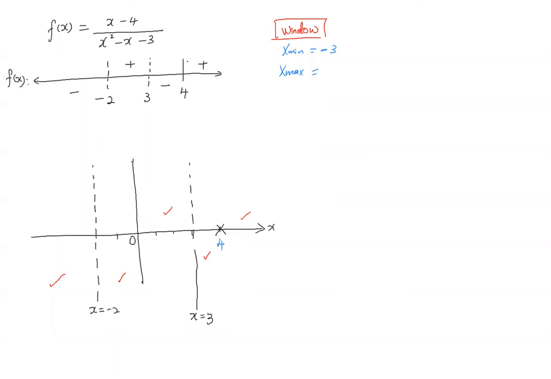If 2, I only can see until here. Then I cannot see my other vertical asymptote. So what is your x maximum you want to put? -5. -5 is here, young lady. How can your maximum be lower than your minimum?